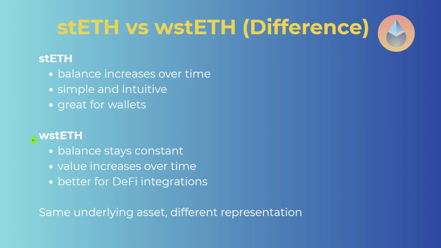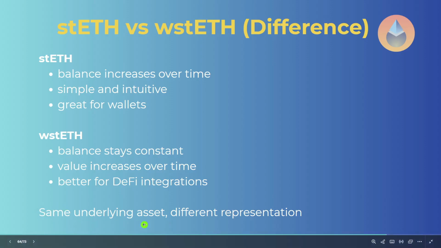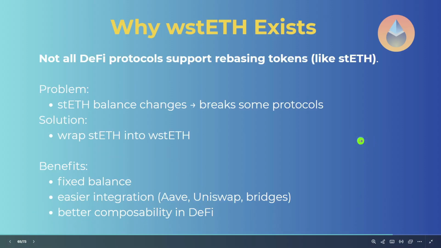So the main difference between the two is that in the case of stETH, the balance increases over time. It is simple and intuitive. It is great for wallets. With wrapped stETH, the balance stays constant, value increases over time, better for DeFi integrations. So, same underlying asset, different representation.